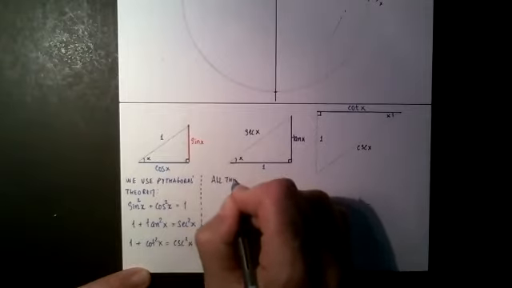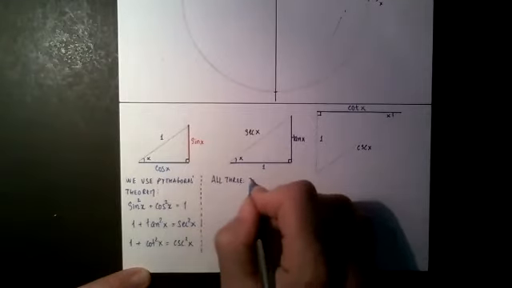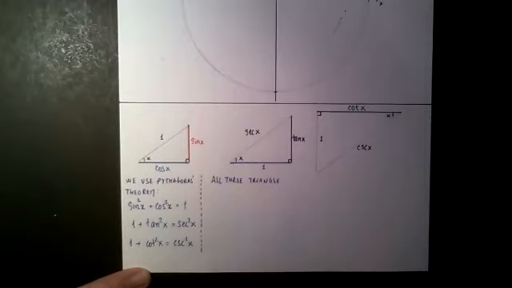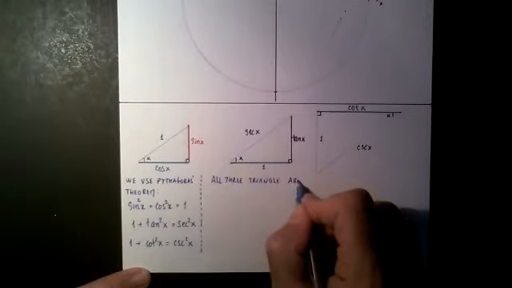All three triangles are similar. I'm sorry, I'm going to write a bit smaller. Can you see, or is it blurry? Yes. Okay. All three triangles are similar.